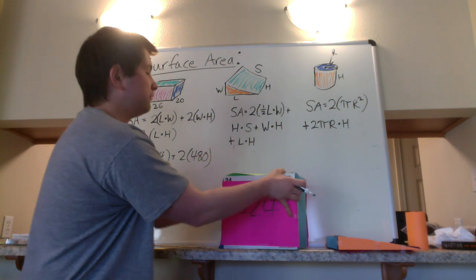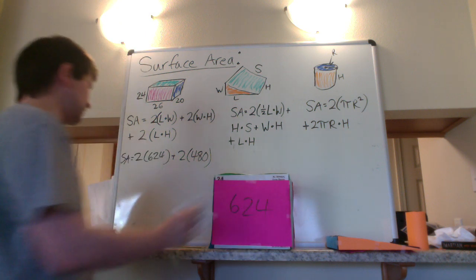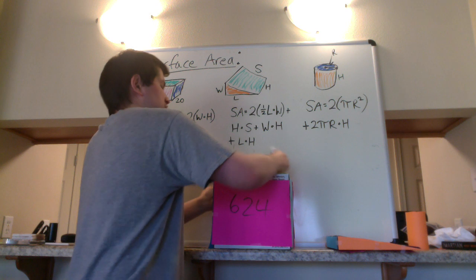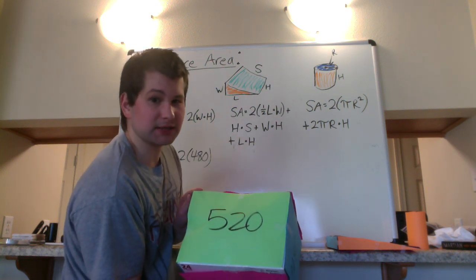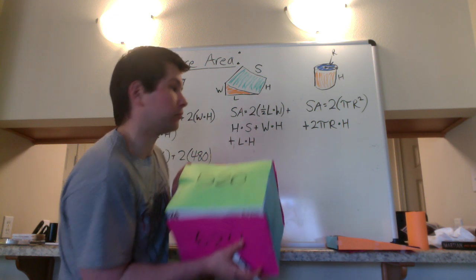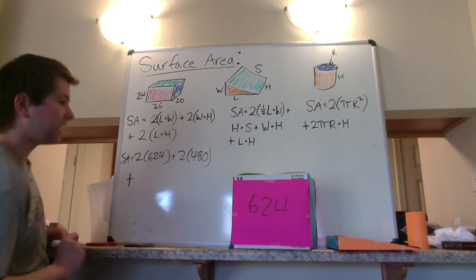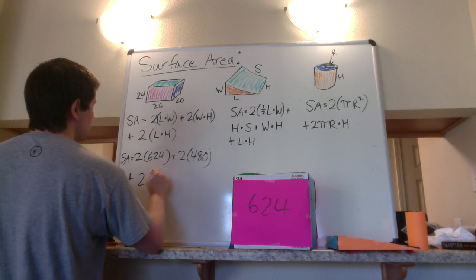So I have 20 times 26, which I believe is 520 square centimeters on the top. And you're just going to have to trust me that it's the same on the bottom because I got thirsty and I already busted into this bad boy. So we got 520 on top and 520 square centimeters on bottom. So that's 2 times 520.